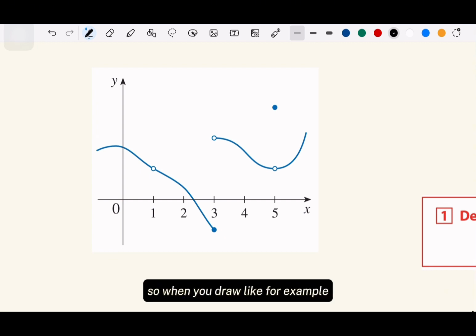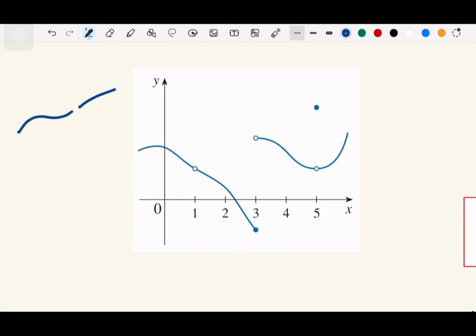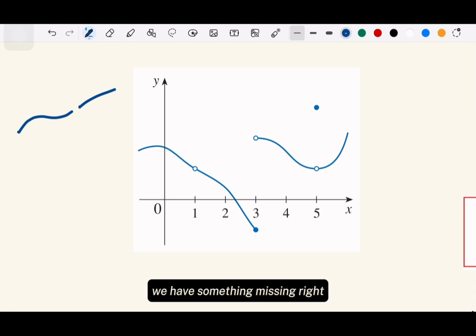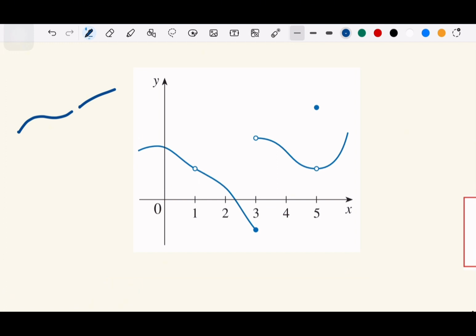When you draw, for example, on the left here, you see we have something missing, right? Now visually we can see, right? But we also need to write it in terms of mathematics. How can we know that the function is continuous or not?